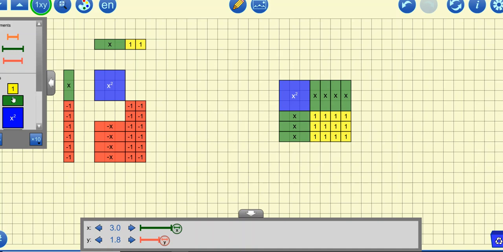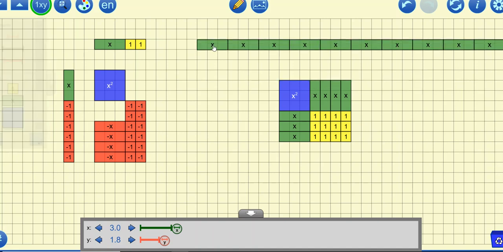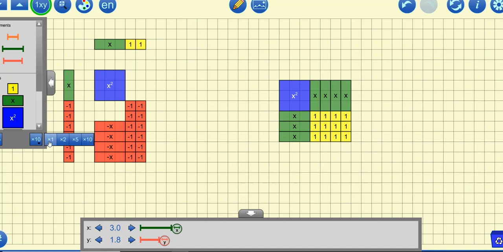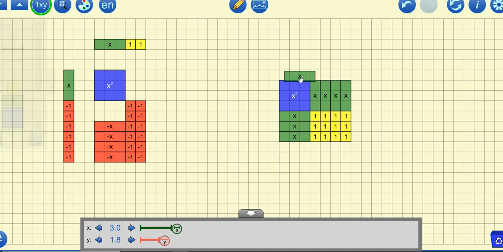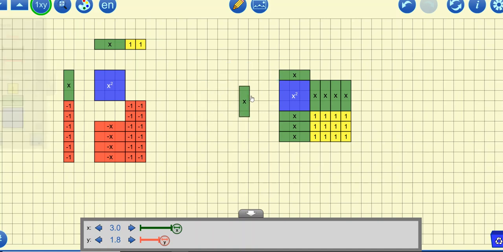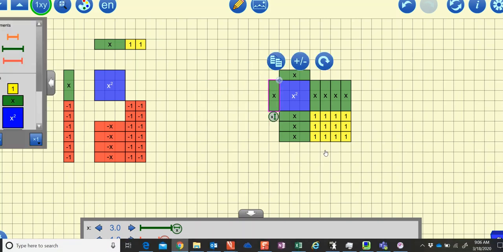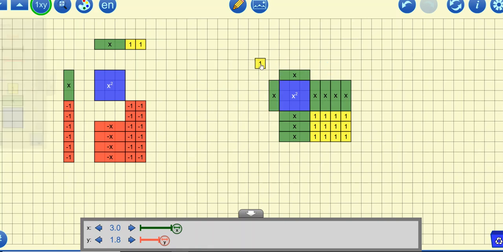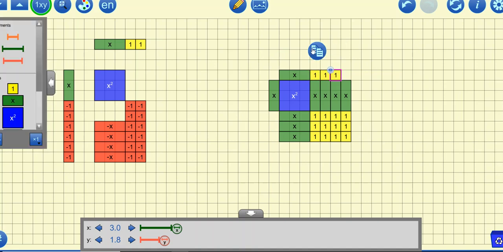So once we've got our rectangle, we can then say, right, how do I get x squared? Well, x squared is made by doing x multiplied by x. So they would be your first two things in the brackets. Then x multiplied by what gives me 4 x's. So I'm going to have 4 units. And then down here, x multiplied by what gives me 3 positive x's.